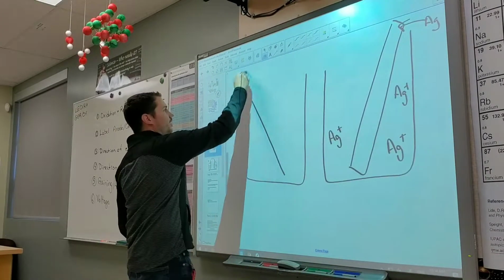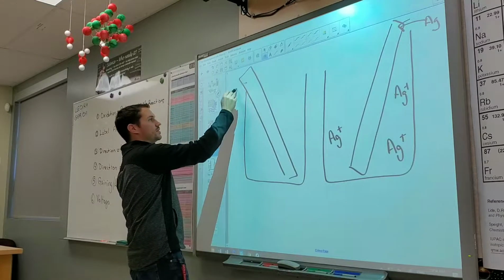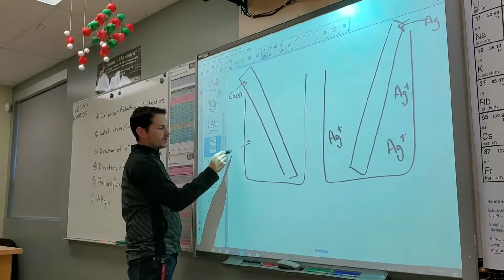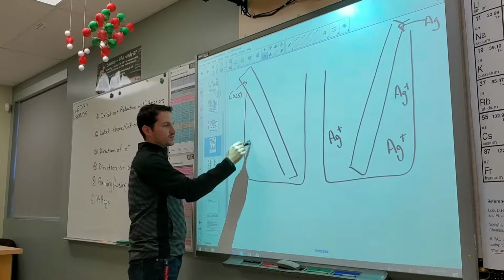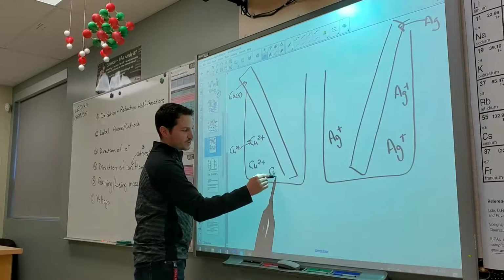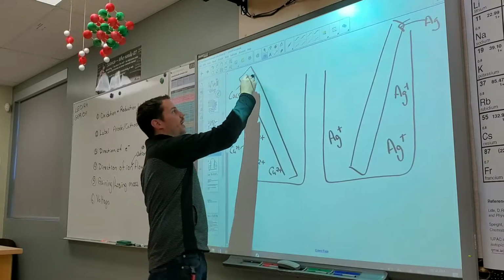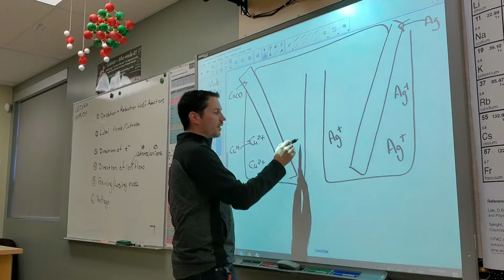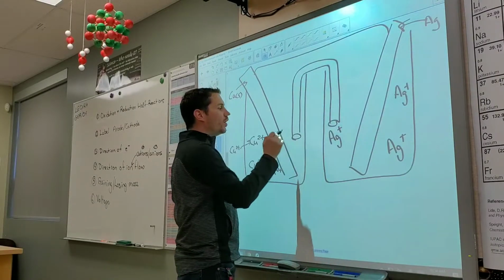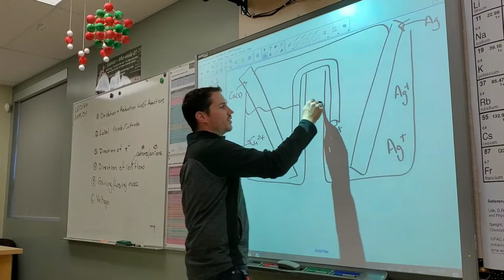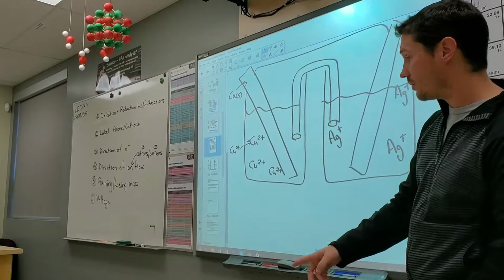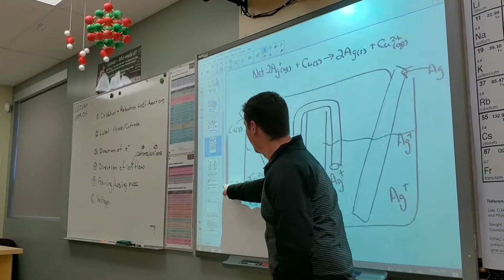And in here is a solid chunk of copper, and in here are copper 2 plus ions. So we've got copper 2 plus, copper 2 plus, copper 2 plus, and they're connected by a wire, and also connected by a salt bridge. Now, I know that we're just rehashing everything, but I want to be very specific about this. Let's look at the half reaction.